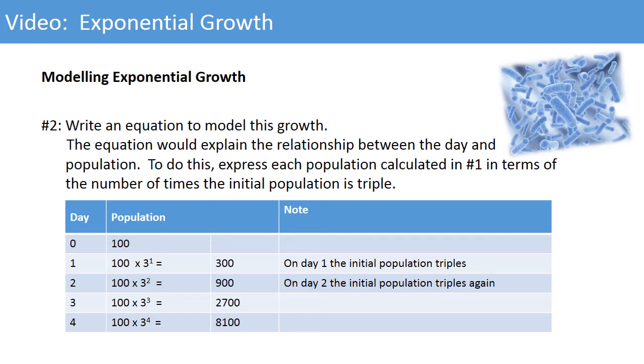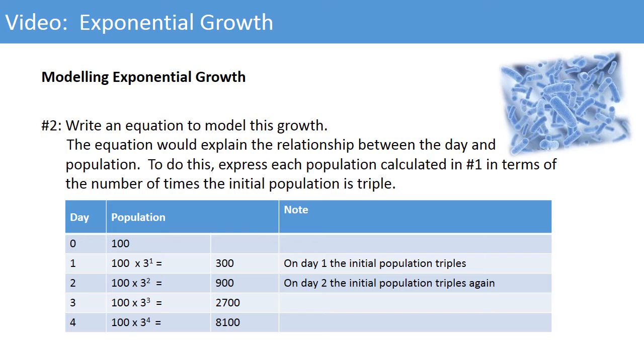100 and we will multiply it by 3 because we are tripling, but we will include the exponent value to represent the day. So for day 1, we will start with 100 bacteria times 3 to the exponent 1. And this will give us the same answer we found in number 1, 300.